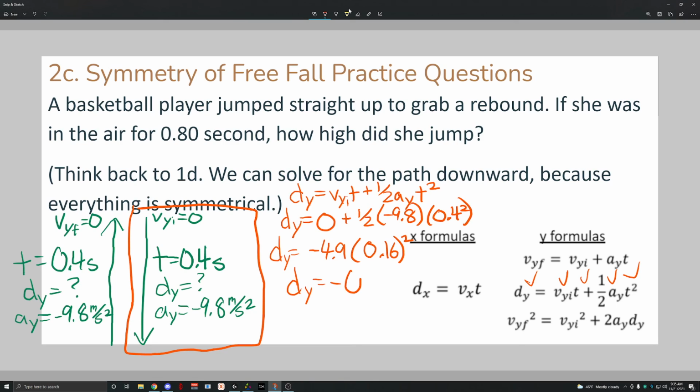This gives you negative 0.784 meters, which makes sense because from the top to the bottom you have a negative displacement, but she jumped 0.784 meters high.